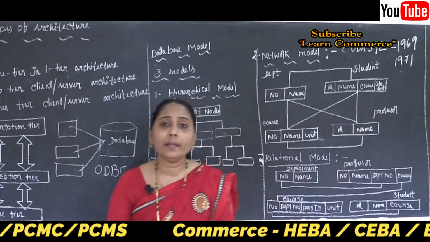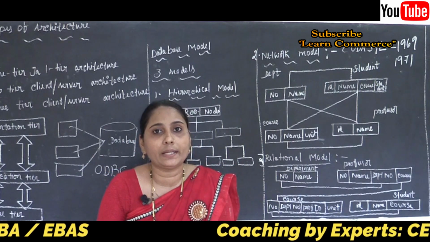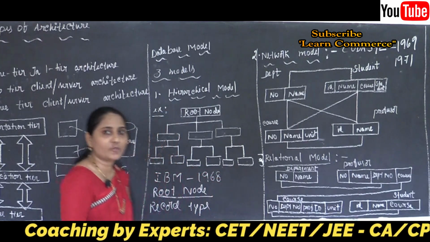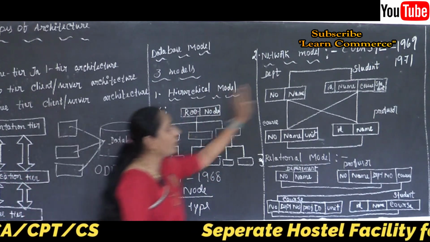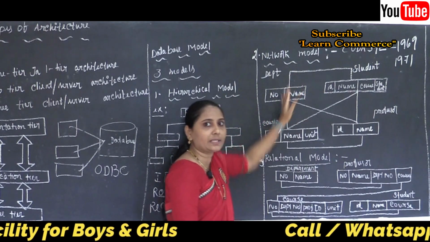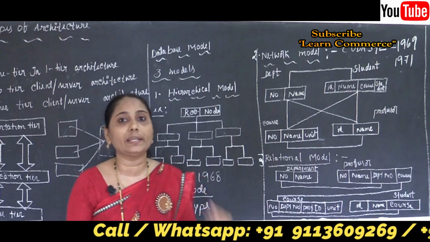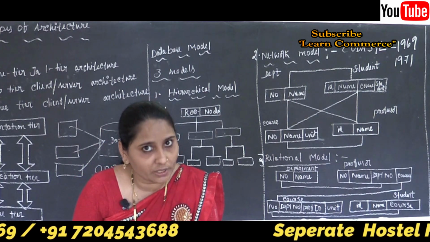Okay, and it is a powerful but a little bit complicated data model. Why? Because when you compare hierarchical and network, the network data model is a powerful data model, but it is a little bit complicated. Why is it a complicated data model?